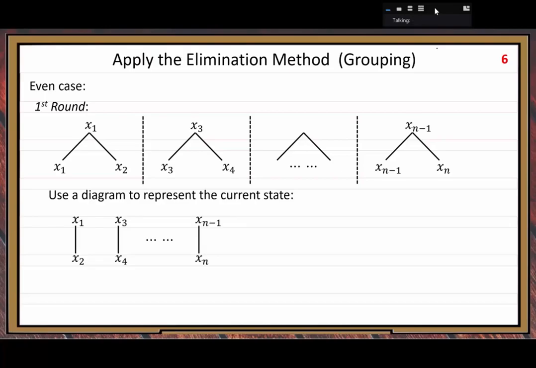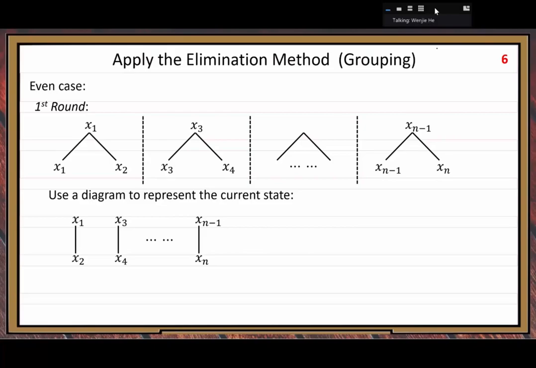Then we want to do data characterization. Remember, in our chessboard question, characterization is important. We put our data in different categories.